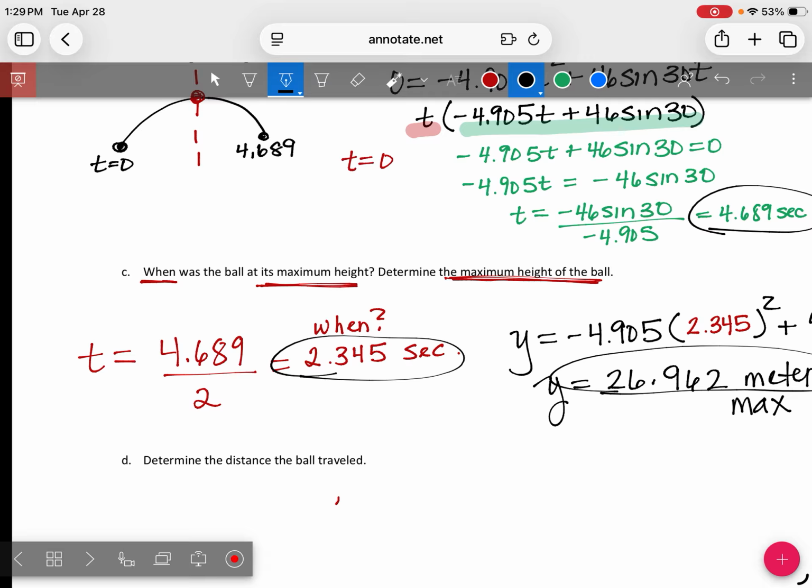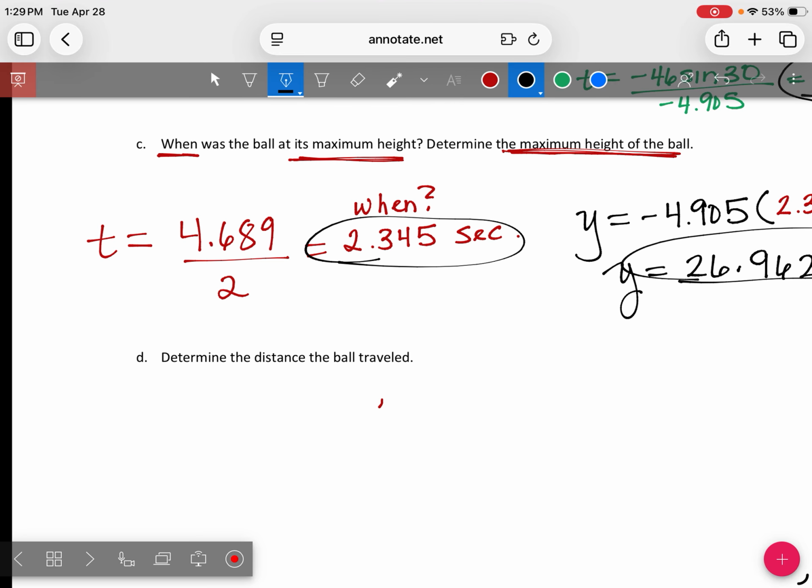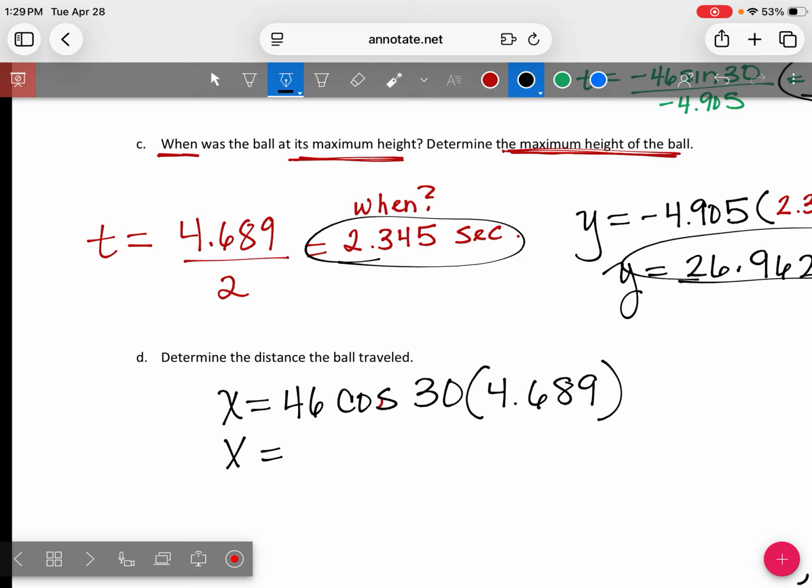So you're substituting 4.689 into your x parameter. So x equals 46 cosine 30 times 4.689, which is about 186.796 meters.